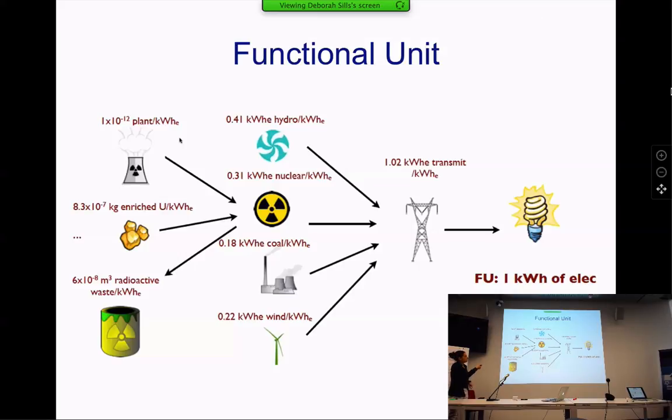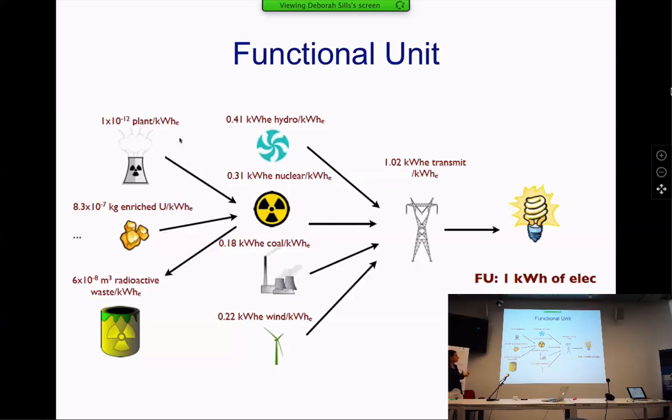This was a specific electricity mix for a specific country. So 40% was hydro, 30% nuclear, etc. So per kilowatt hour of electricity at the user, 0.31 kilowatt hours of electricity was generated from nuclear.